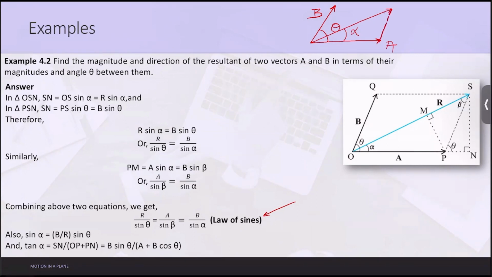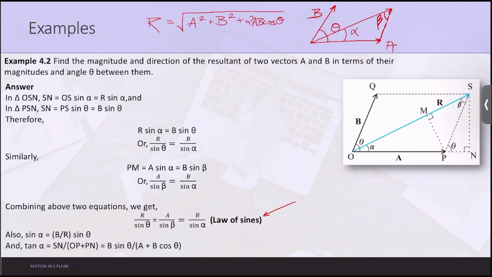If we know all these expressions, first of all we can calculate the resultant. How can we calculate the resultant? Resultant is equal to the square root of A square plus B square plus 2AB cos theta.